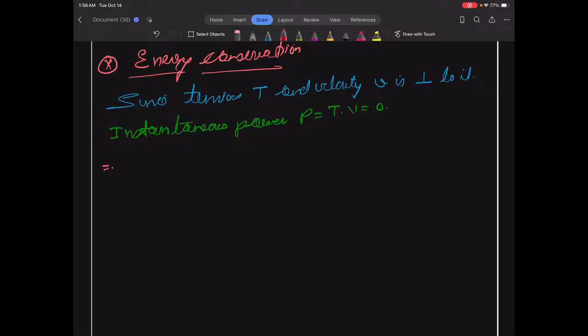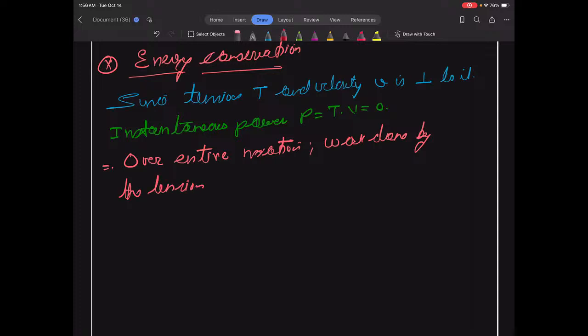So we can say that over the entire motion, work done by the tension will be given as the integral T dot ds, which will be equal to 0.